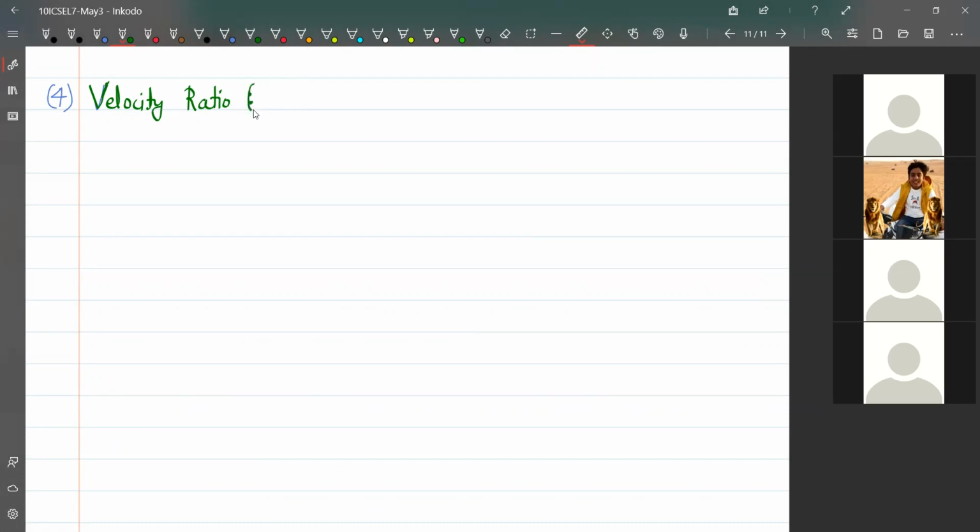So velocity ratio, written as VR, is defined as the ratio of the velocity of effort to the velocity of load. See, these are the terminologies. Once we start off with the functioning of the machines, all of these terminologies will be used.